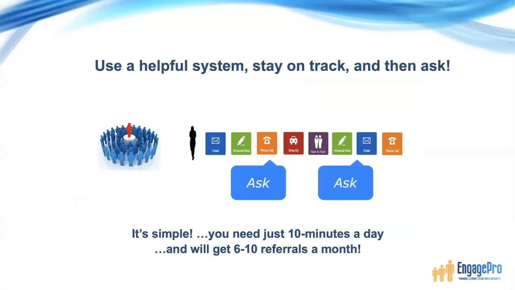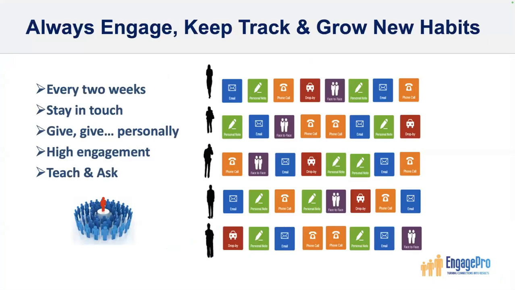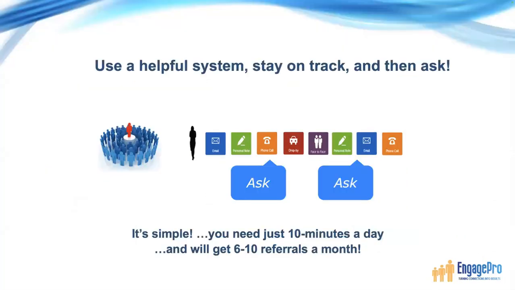And if you invest that 10 minutes a day, you should be getting anywhere between 6 to 10 referrals a month. Once again, it'll start out with a few in the first month. It'll then grow as you learn who is responsive, and usually about 80 to 90% of the people on your A list are responsive. There's always some who are either slower or not responsive.